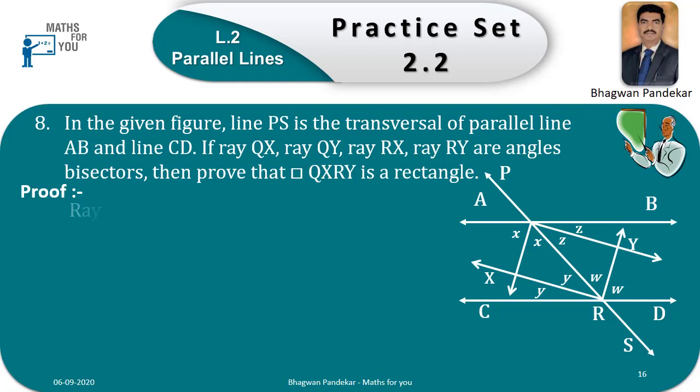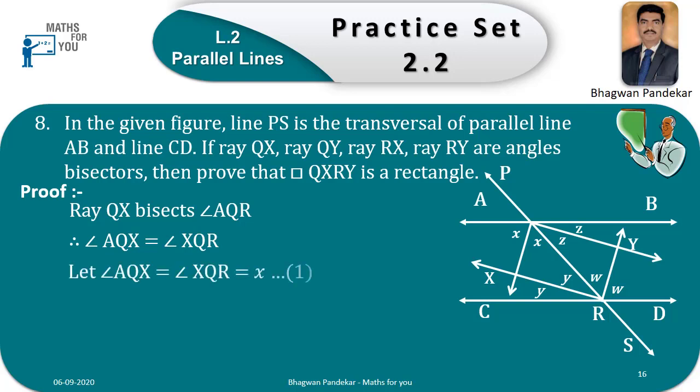Proof. Ray QX bisects angle AQR. Therefore, angle AQX is equal to angle XQR. Let angle AQX equal angle XQR equal x. This is your first equation.